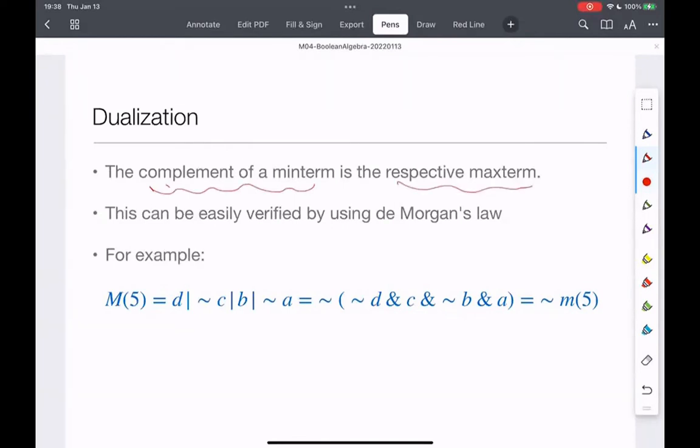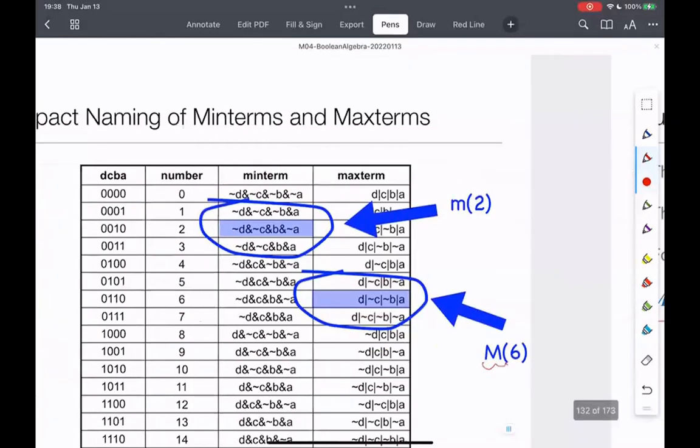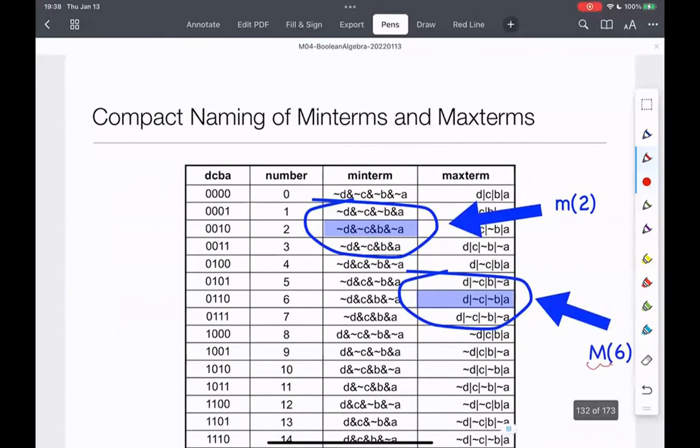So for example, let's say I take max term M5, which would be D or not C or B or not A. Okay, and we can verify it out here. M5 would be this guy, right? D or not C or B or not A.